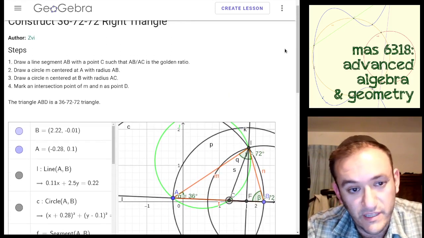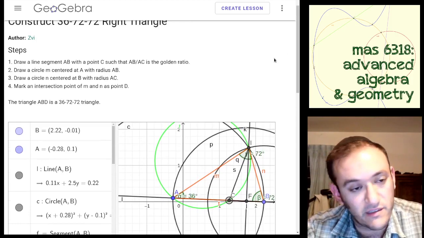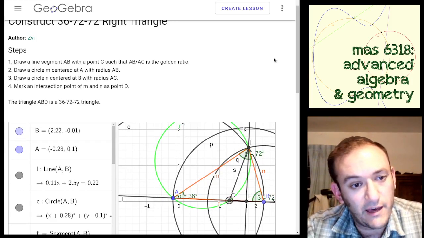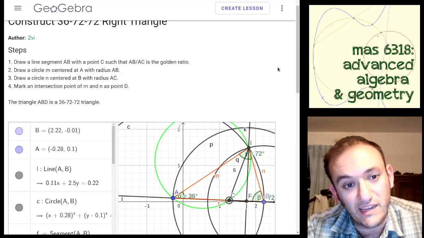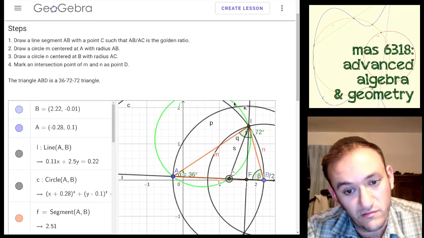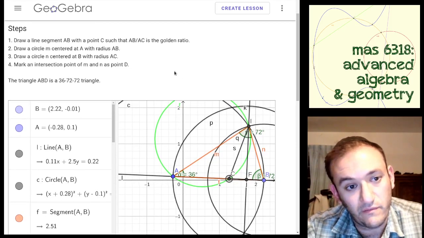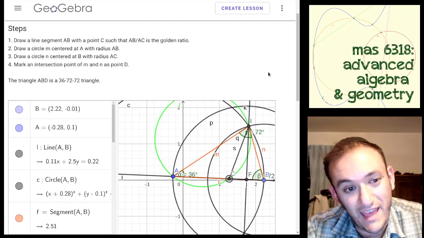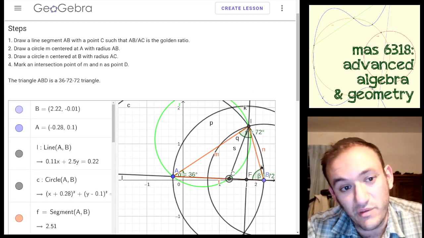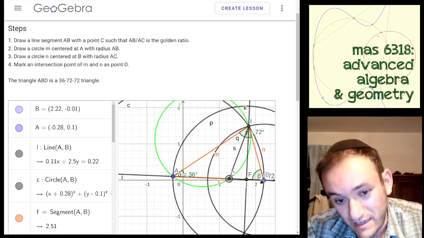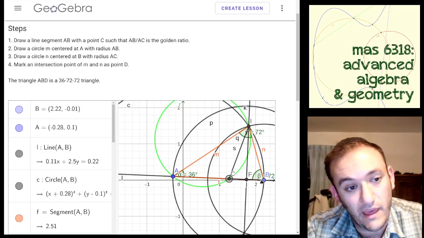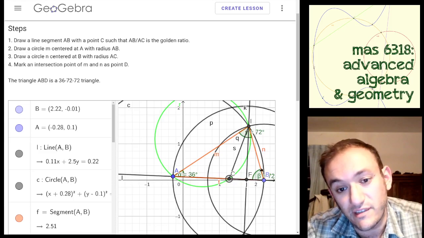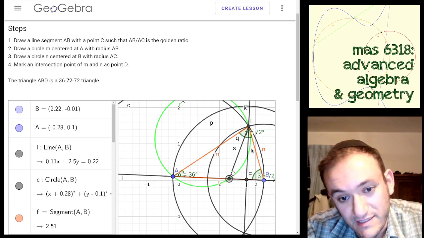So that's what we start with, and we know we can do that based on the previous page. Then we draw a circle centered at A with radius AB. And then you draw a circle N centered at B with radius AC.